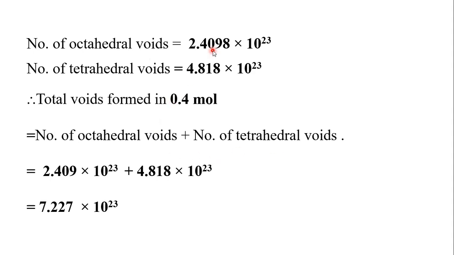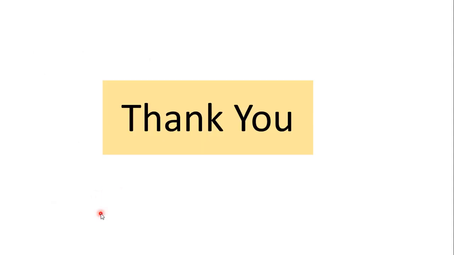Number of octahedral voids, how much? 2.4098 into 10^23, plus number of tetrahedral voids, how many? 4.818 into 10^23, and that is equal to how much? If we add, how much does it come to? 7.227 into 10^23. So like this you can solve numerical problems based on the relation between octahedral and tetrahedral voids.